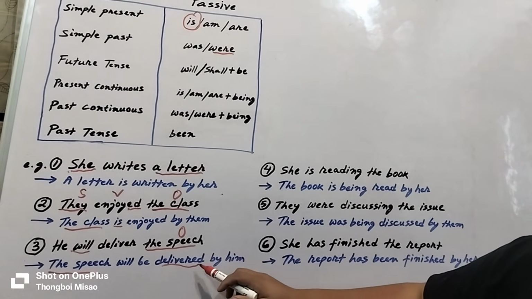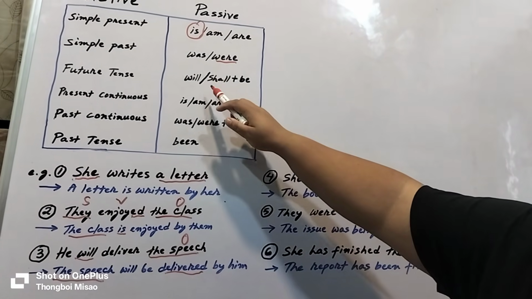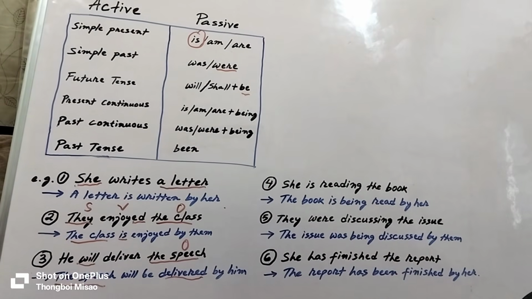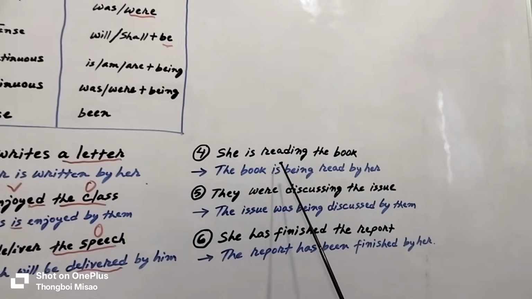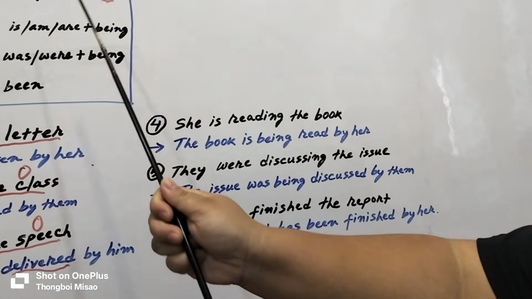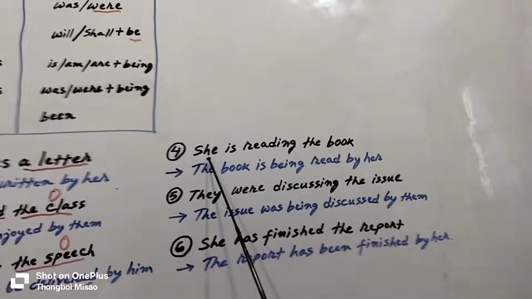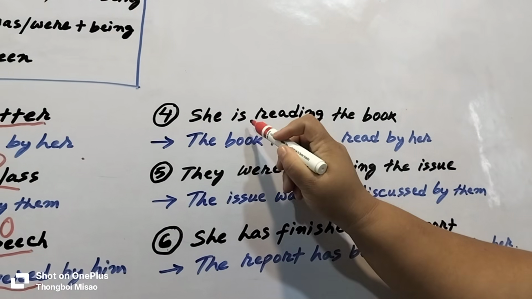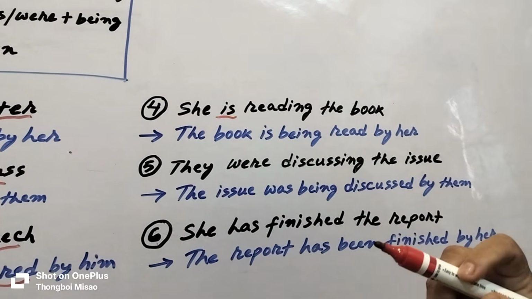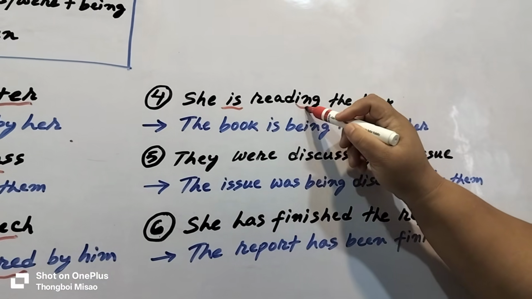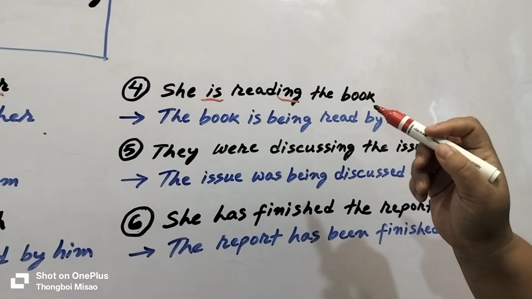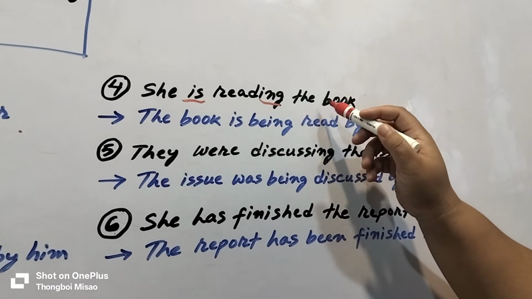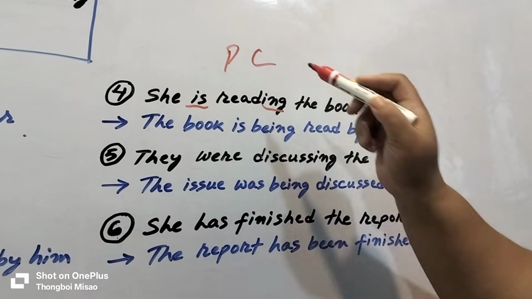Then she is reading the book. Here is plus the -ing form is present continuous tense.